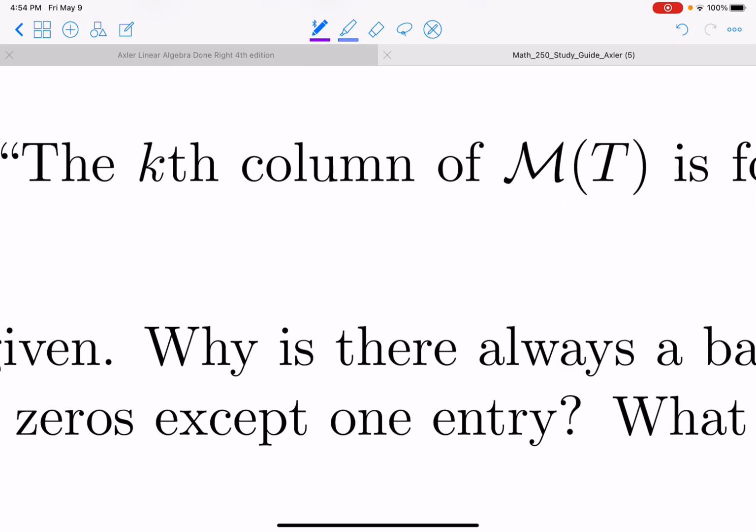Okay, so if you make the matrix of a linear operator, T sending V to V, and you choose a basis of V, then what is the kth column of the matrix of T? Well, you look at T on the kth basis vector. That's now a new vector. You can write it in terms of the basis using some coefficients, a1 v1 plus dot dot dot plus an vn.